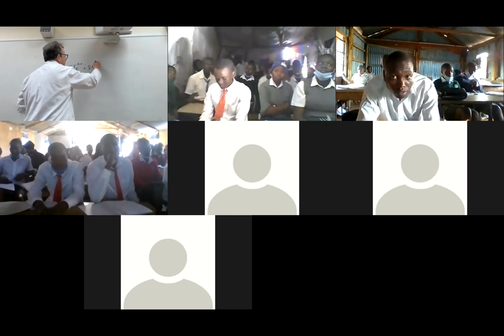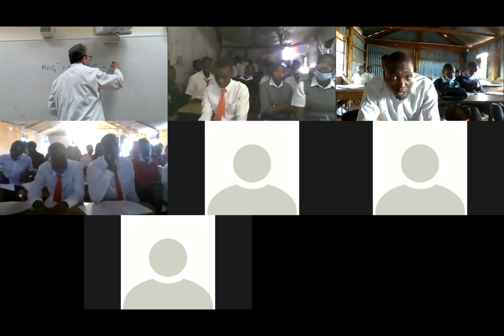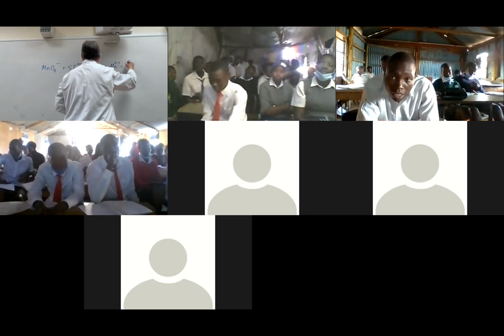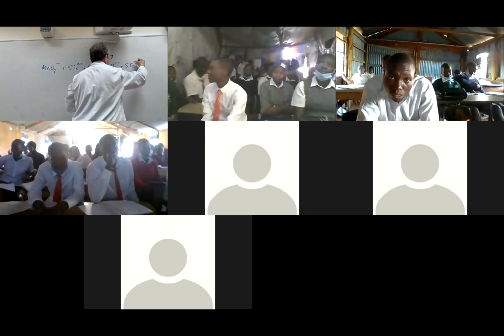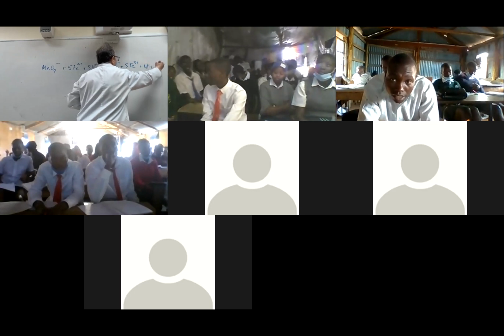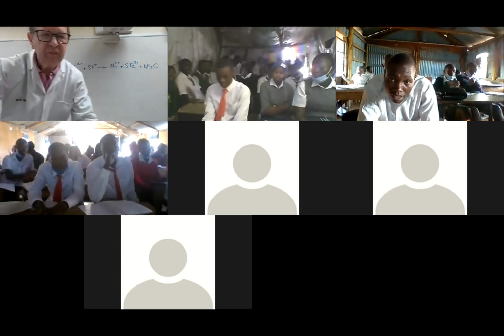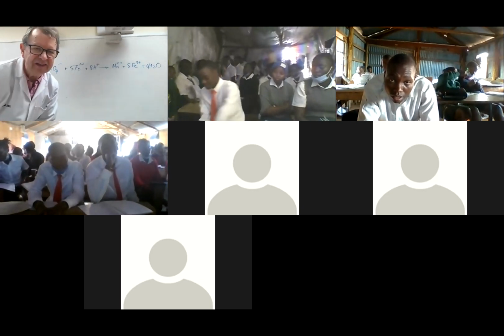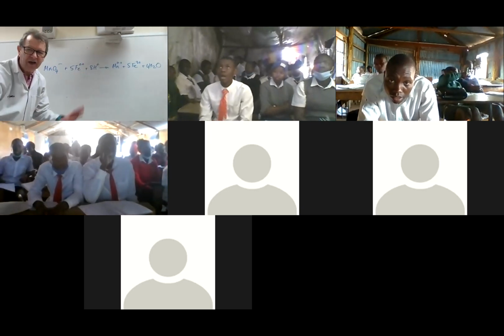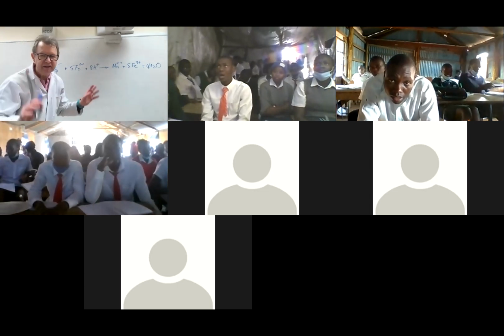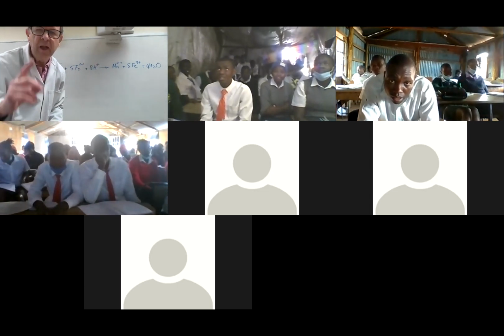If you get an equation, you look at an equation like this and you go, well, I don't know that. I can't use that. It's too complicated. It's really hard.